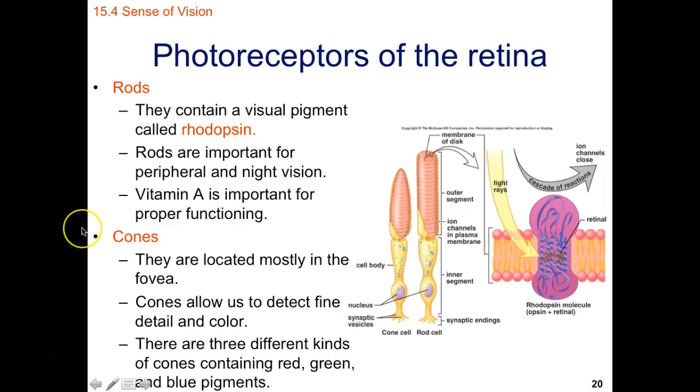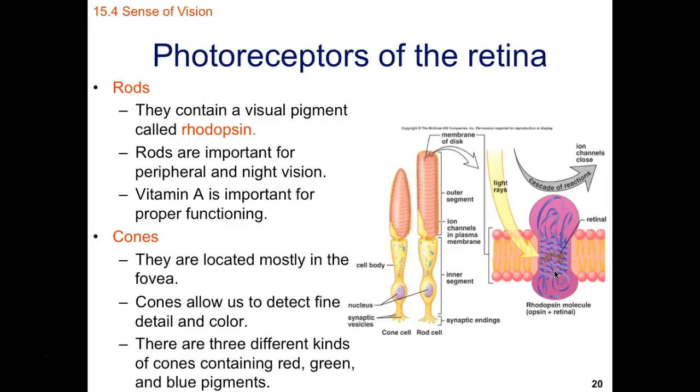So let's talk a little bit more about your photoreceptors of the retina. Your rods are going to contain a visual pigment called rhodopsin. So here's our rhodopsin molecule here. And it's going to pick up our light rays and then cause all these reactions to happen in order to send the information to your brain.